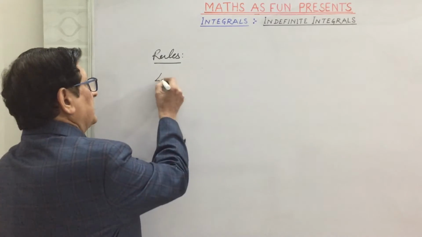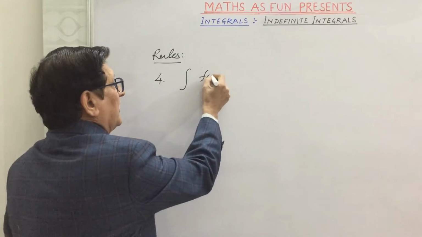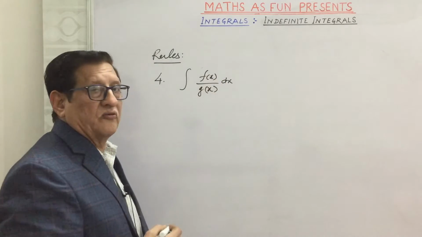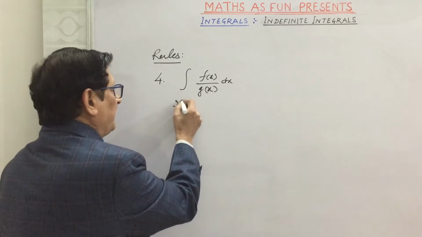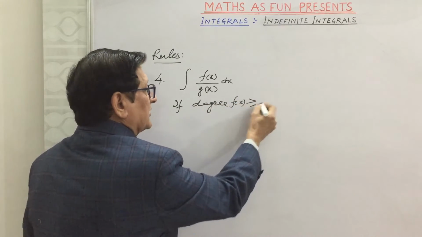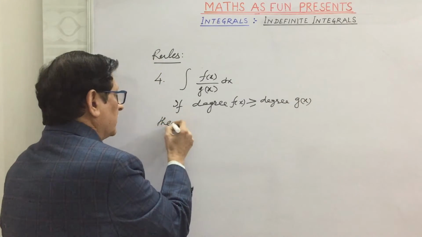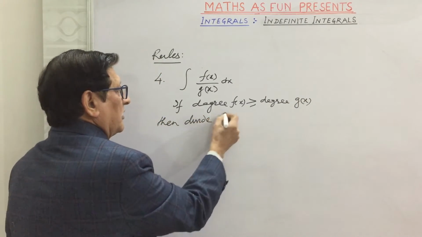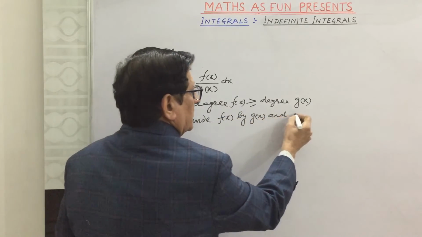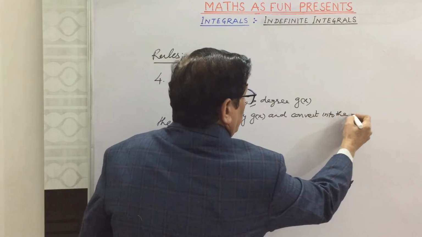One more rule we can take as fourth rule, that is if we are finding the integral of f(x) upon g(x), then we should see the degree of both f(x) and g(x), and if we find the degree of f(x) is greater than or equal to degree of g(x), then divide f(x) by g(x) and convert into the mixed form.